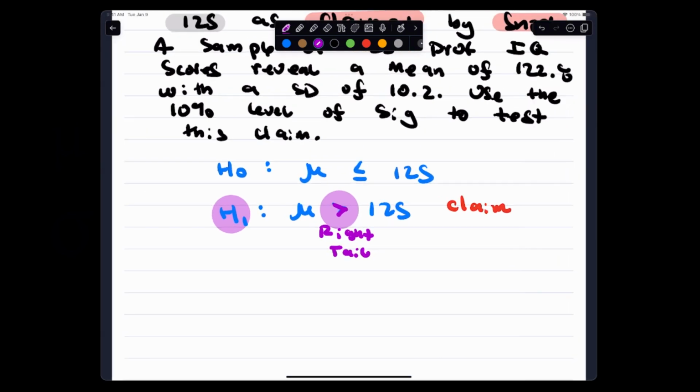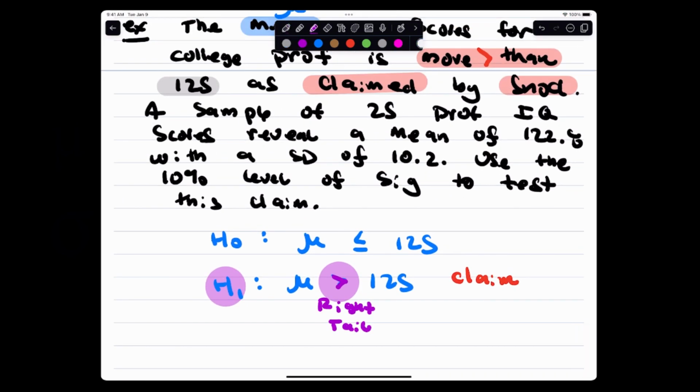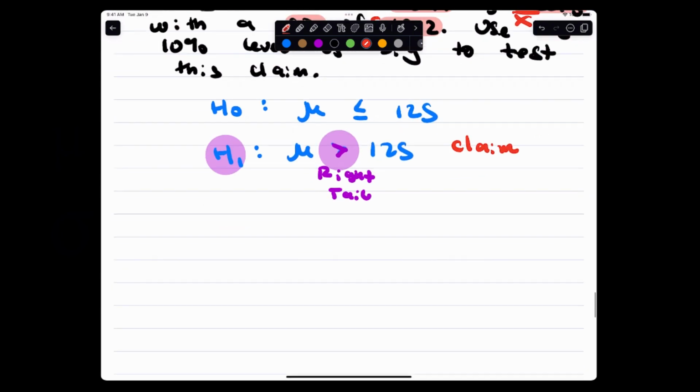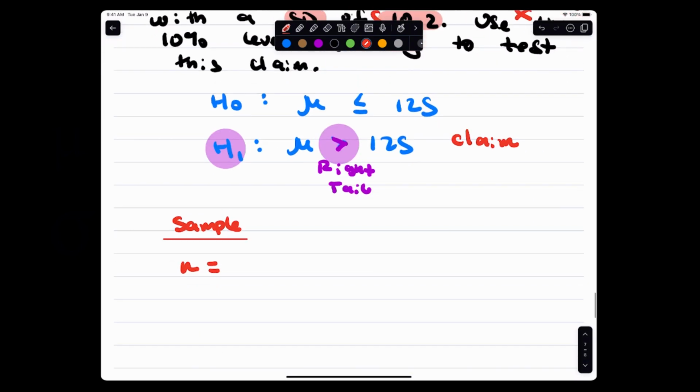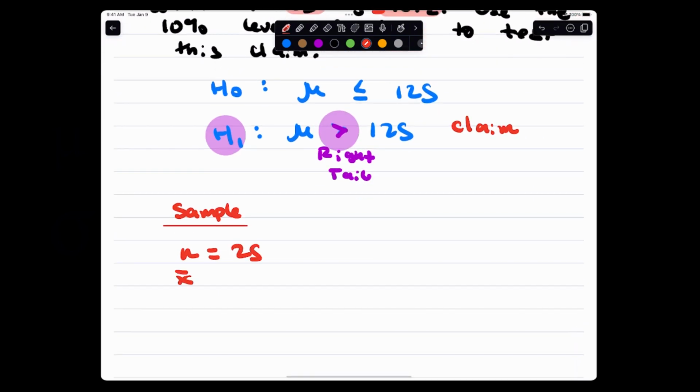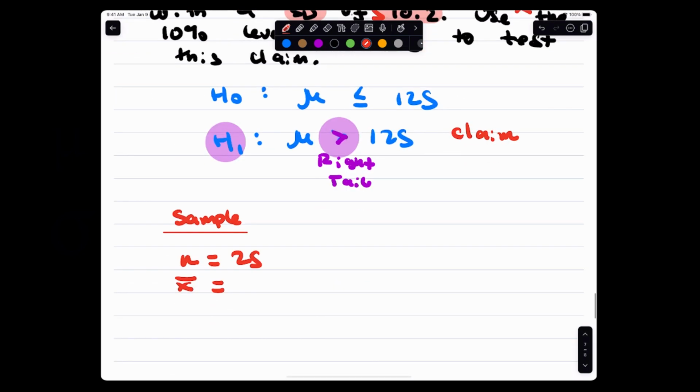All right, ladies and gentlemen, let's read. Let's get the sample information. What does it say? A sample of 25 professors' IQs have a mean of 122.8 with a standard deviation of 10.2. So here's the deal: n, x bar, and s. Your sample size is what again? 25. What's the sample mean IQ? 122.8.